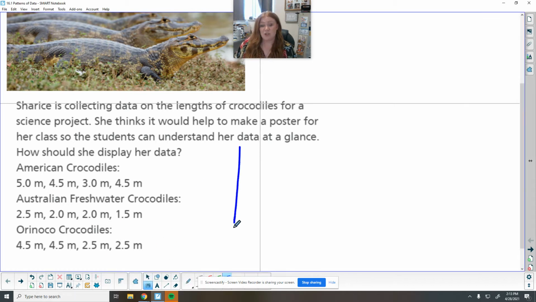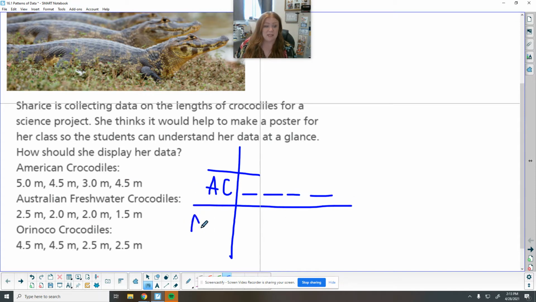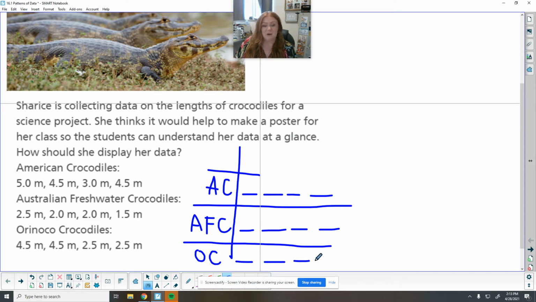In Ed, it just showed a chart. It had the American crocodiles and then it listed the four in order. It had the Australian freshwater crocodiles, listed in order. It also had the Orinoco crocodiles, never seen that word in my life before, and those four.